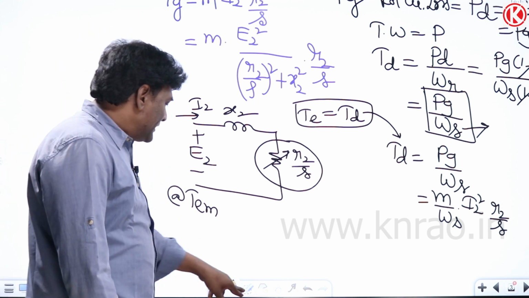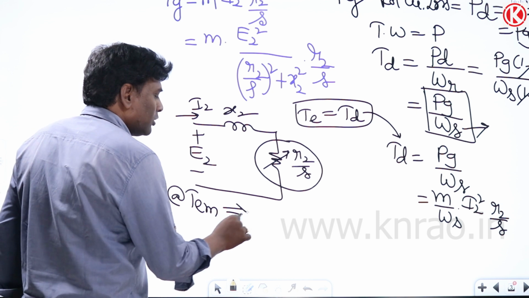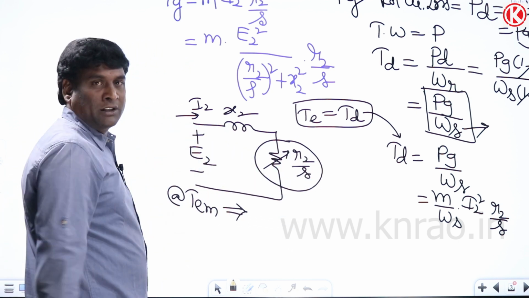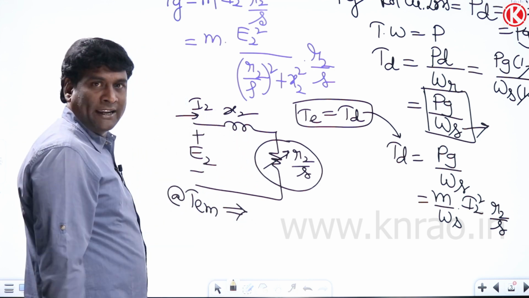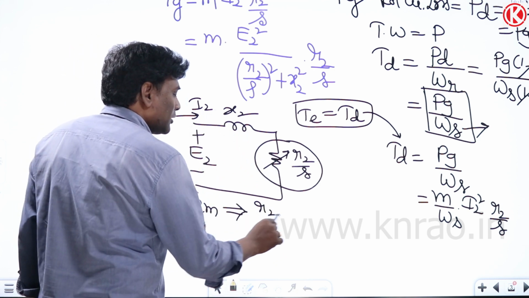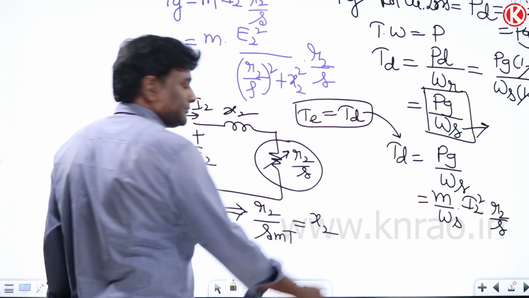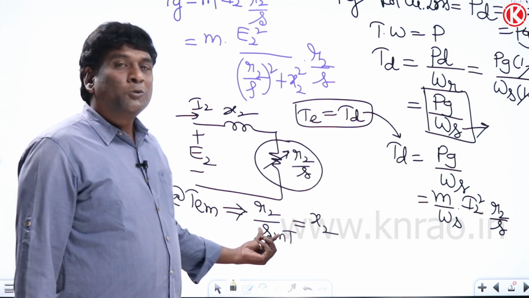Now at TEM, what is the condition? In order to have maximum power here, this particular impedance value should be equal to this particular impedance value, or this particular resistance value should be equal to the reactance value, such that R2 by S at maximum torque should be equal to X2. The slip is the variable at which maximum torque occurs.